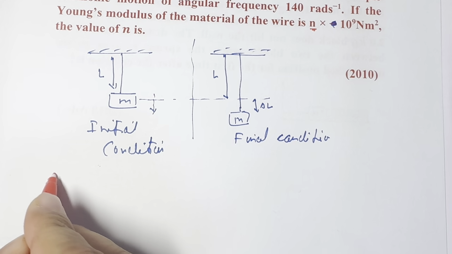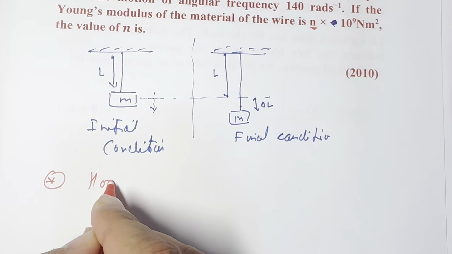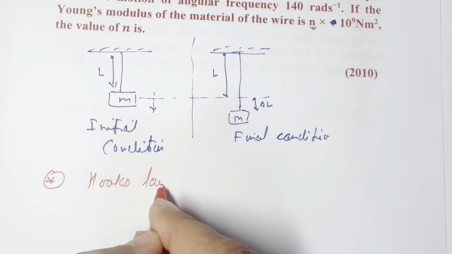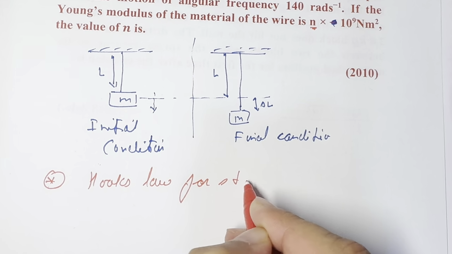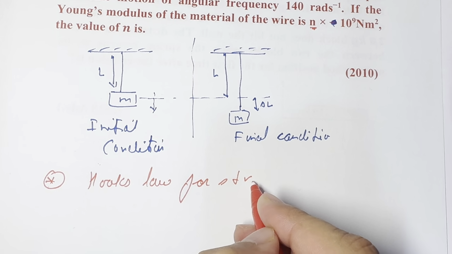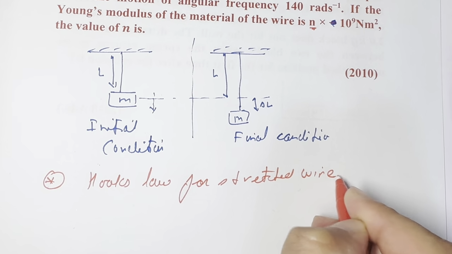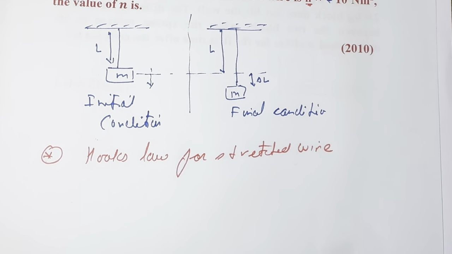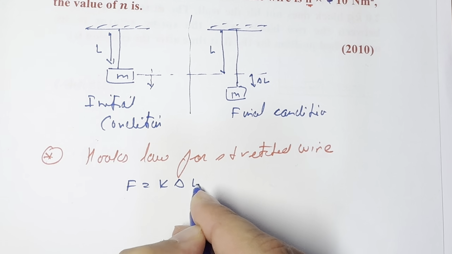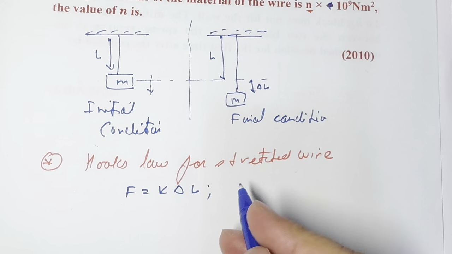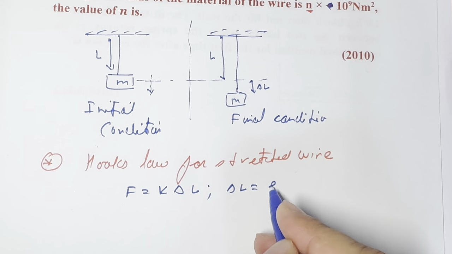So let us start from Hooke's law for a stretched wire, which can be written as F equals K multiplied by delta L, where delta L is the extension in the wire.